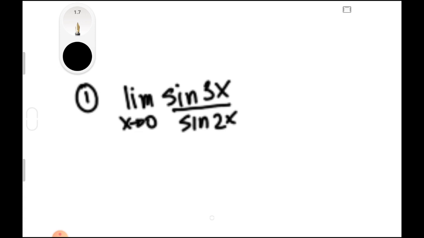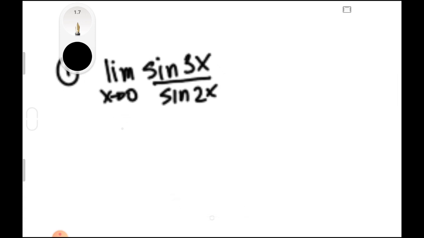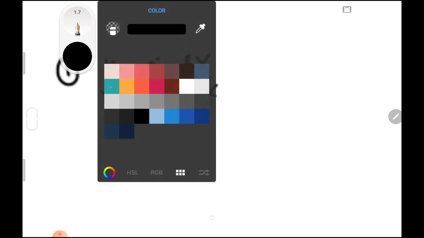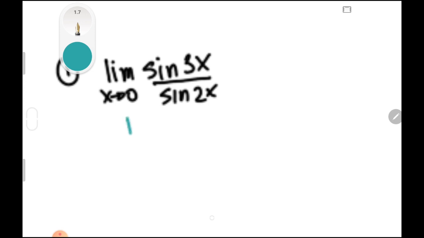The first solution, guys, would be the identity of your sine 3x, the angle addition rules, and other identities of our trigonometric functions. So first, take note that the first theorem requires us to have a function equal to the limit of sine u over u as u approaches 0 is equal to 1.